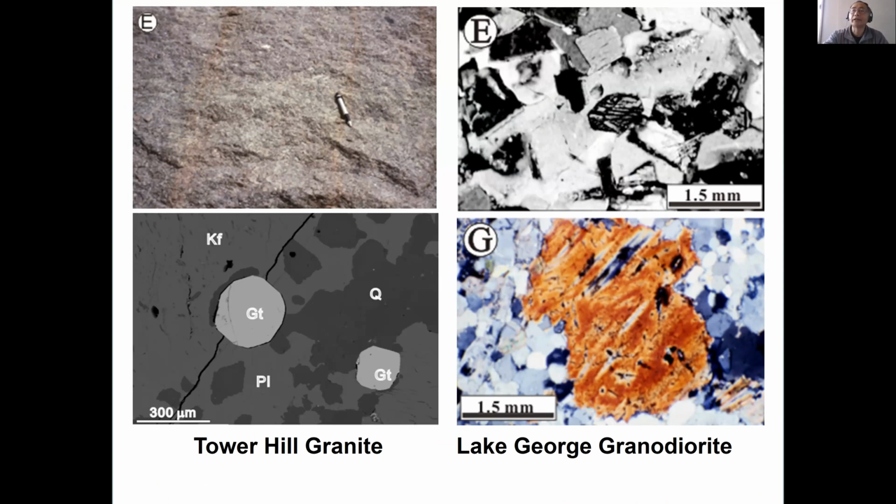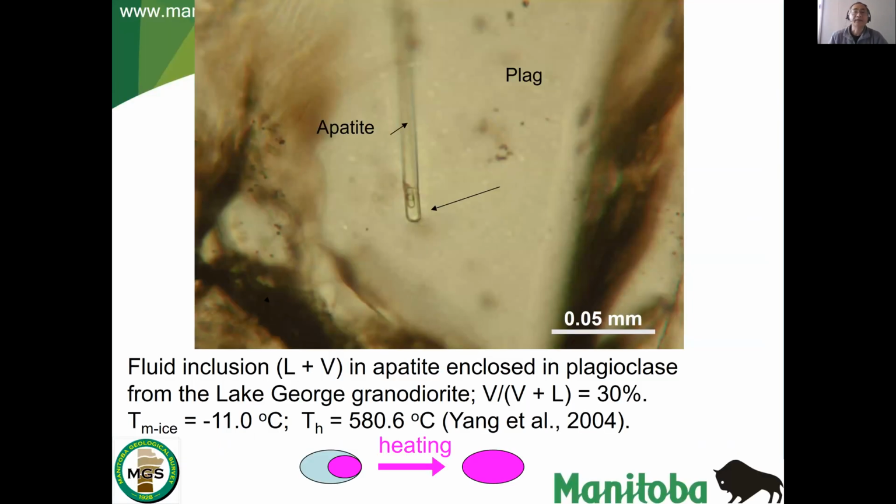We can also use fluid inclusions. This is interesting: acicular apatite crystals enclosed in the plagioclase phenocryst, and you can see the fluid inclusions are gas vapor inclusions. When you do heating and density estimation, you can also get some pressure.